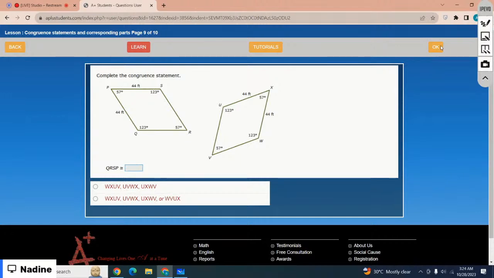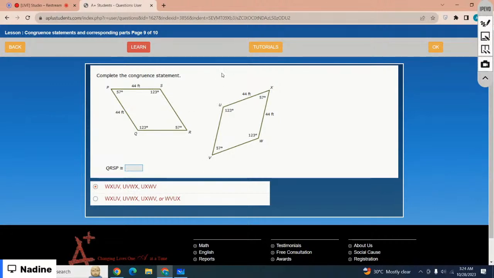Complete the congruence statement QRSP. QRSP would be WXUV, right?